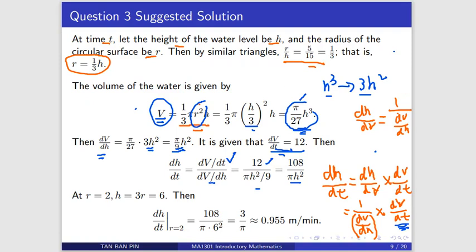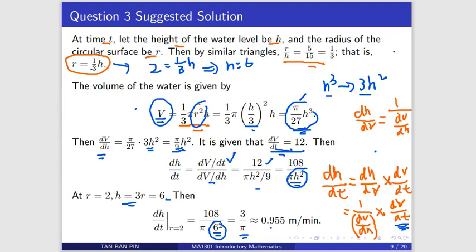From here you can work out h: 2 is 1/3 h, so this implies h is 6. So we sub h as 6, so h square becomes 6 square, and you get 3 over pi as an answer.